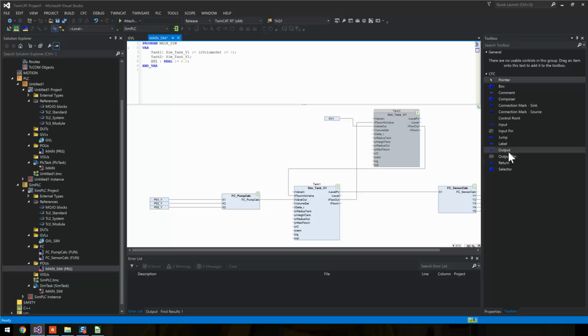So where's the output? There it is. So pump 1 confirmed high. That's just the same as the command. And the same for 2 and 3. Whoops.